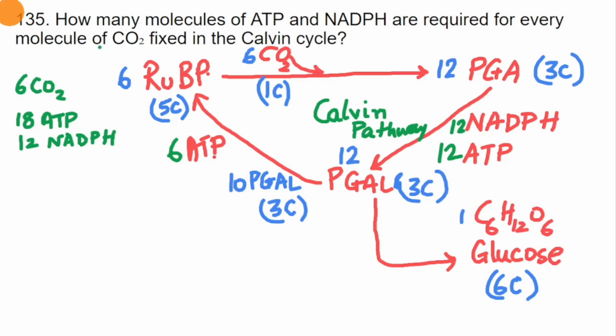So for 1 CO2, you divide this by 6. Okay. So when you divide this, this will become 3. So 1 CO2 will be 18 divided by 6 is 3 ATP and 12 divided by 6 will be 2 NADPH.